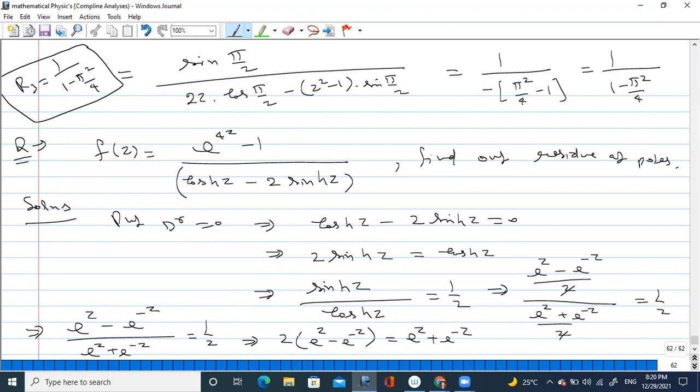Now again, this is 2 e to the power z, and this is e to the power z, so only one e to the power z will be left. And here this is minus 2 e to the power minus z, and it is plus e to the power minus z, so this will come to this side and it will become 3 e to the power minus z. First you note down this.